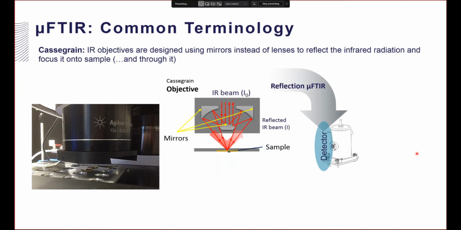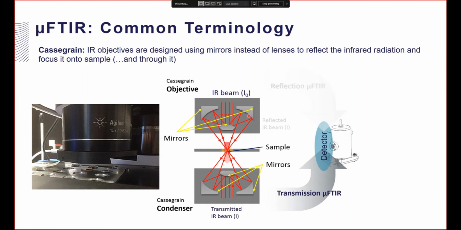The infrared Cassegrain is composed of parabolic mirrors, one on this side and one that looks the other way, and the infrared beam is bounced and focused onto the sample, irradiating the sample and then collected back into the Cassegrain when we work in reflection.